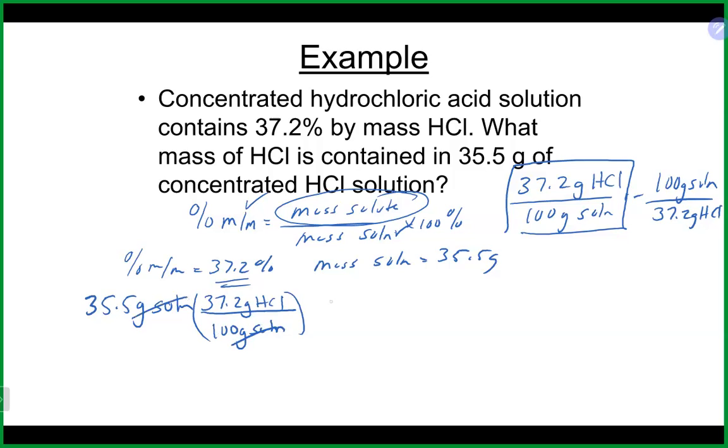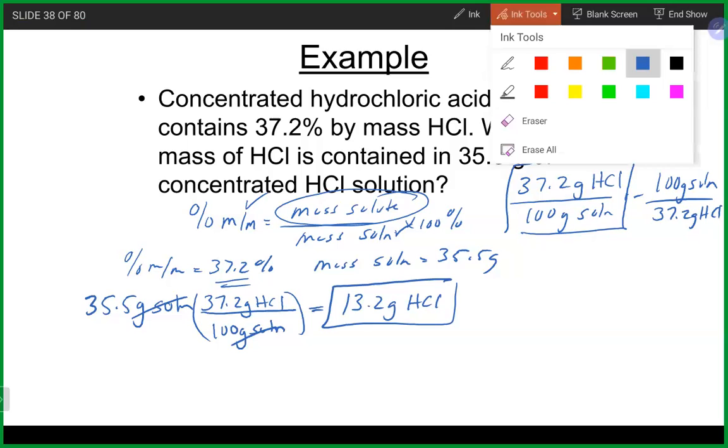Grams of solution will cancel, and that will tell me how many grams of HCl I have. 35.5 times 37.2 divided by 100 gives me about 13.2 grams of HCl.